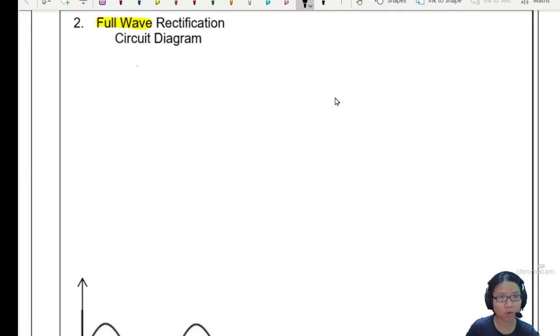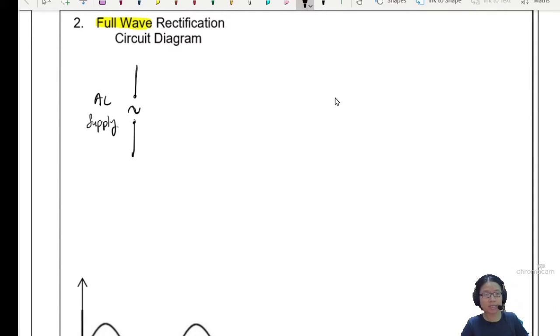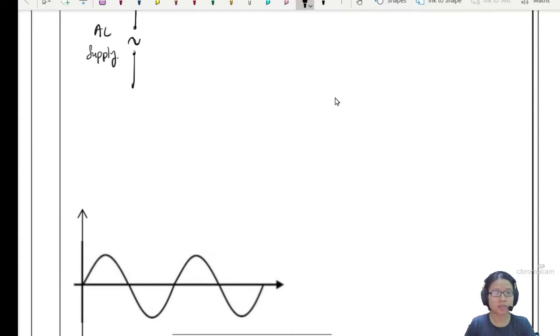So on one side, what you will get is alternating current that you are trying to rectify. I'm just going to draw a terminal here. Draw the waveform. Okay, this is your AC supply, this one is your input.